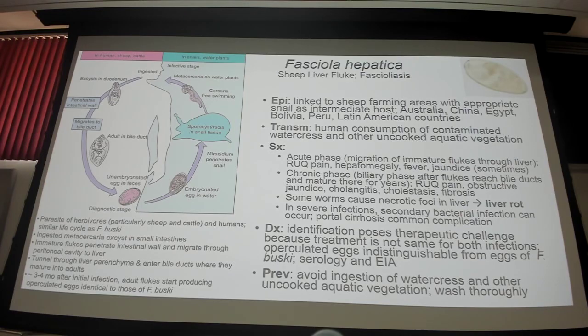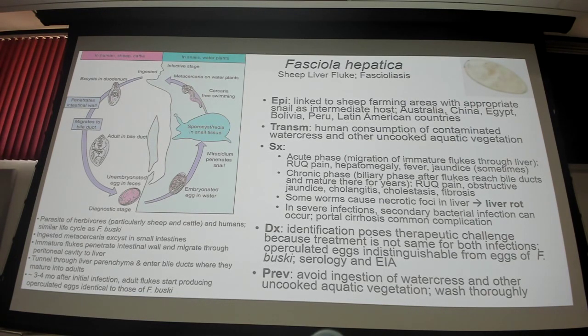They can be there for a while, and you can enter this chronic phase, especially if bile ducts are affected. In the chronic phase, you still have that right upper quadrant pain. Obstructive jaundice, if your bile ducts are obstructed, it means your bile is not released, and you get cholangitis, cholestasis, the lack of flow of bile, fibrosis.